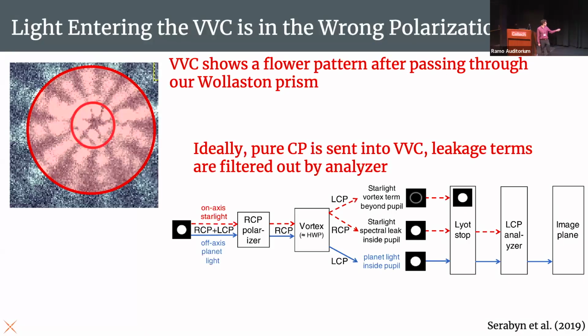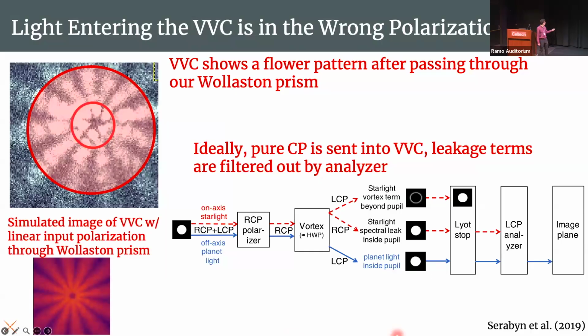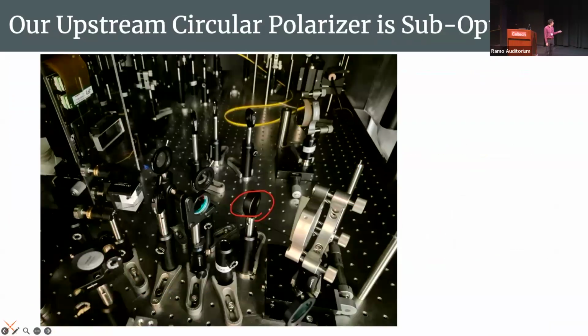And so ideally, you want this setup where you're sending in the pure polarization and you're filtering out leakage terms with an analyzer downstream. And again, we're able to confirm this weird effect in simulation, where if we simulate linear input polarization through our VVC and send that through a Wollaston, we see this same effect. So our circular polarizer is effectively not circular polarizing.